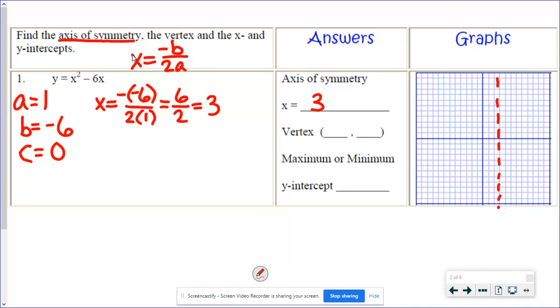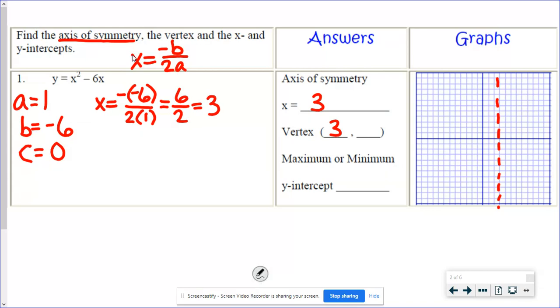Now that I know the x part of my vertex, I want to find the y part. Remember that vertex is going to be on the axis of symmetry. So the x part I already know is going to be 3. I want to put that 3 in for the x in my equation. Let me switch colors now.